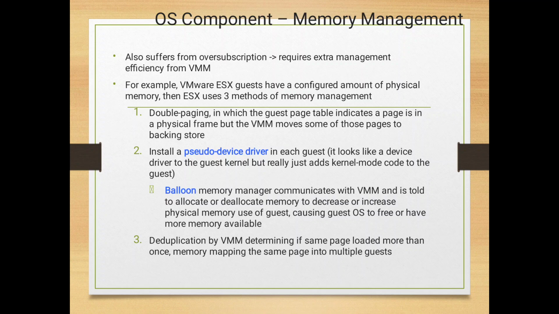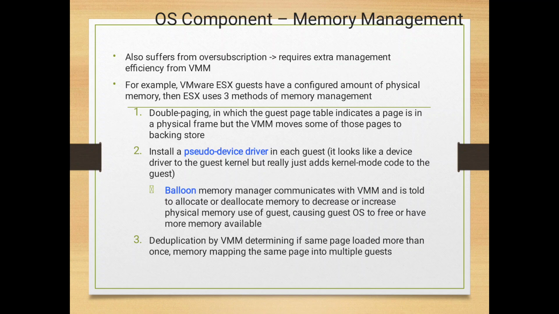The OS component memory management is described by oversubscription. It requires extra management efficiency from the virtual machine manager. There are three methods of memory management. The first one is double paging, in which the guest page table indicates a page is in a physical frame, but the virtual machine manager moves some of these pages to backing store.